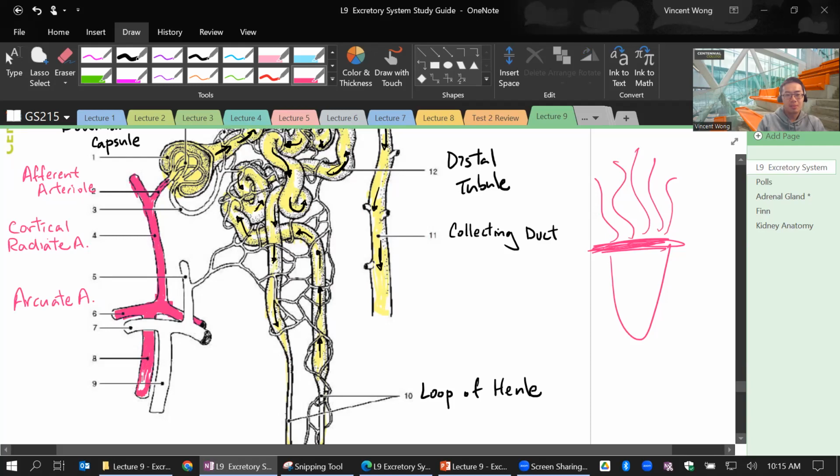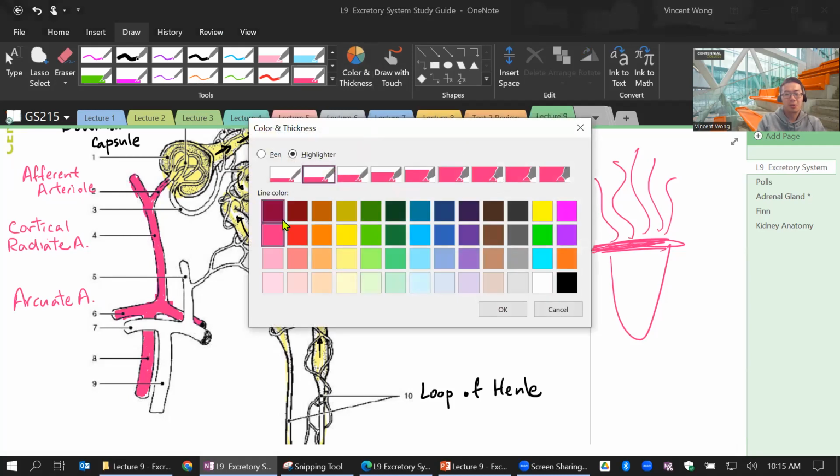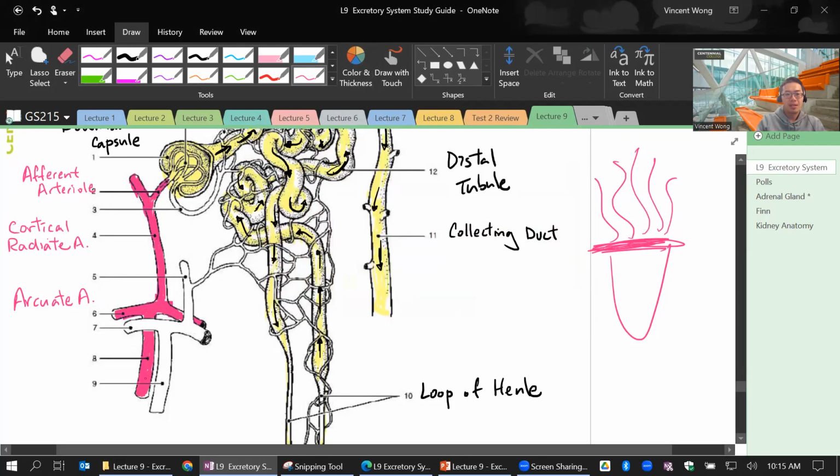So it's like learning how to learn in this course. What about number 8? Interlobar artery. Yeah, that's the interlobar artery.